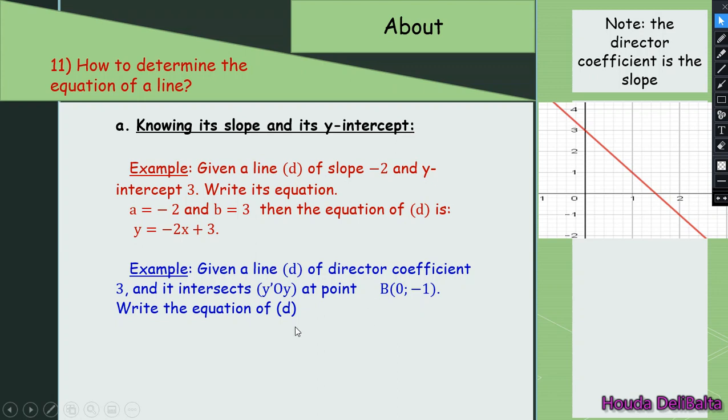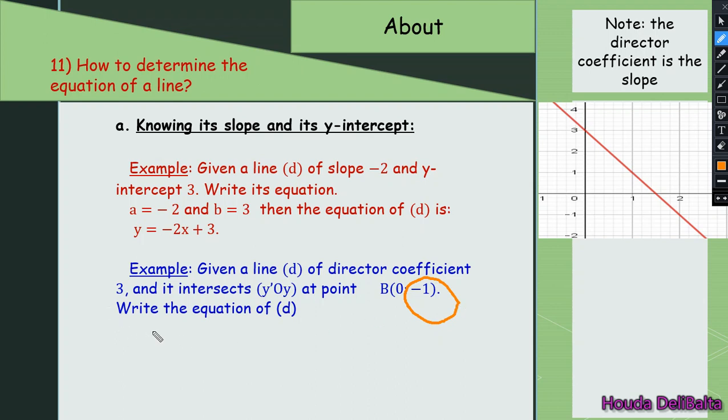That's to say that the slope of this line, which is the director coefficient, is 3, and the y-intercept of this line is, who can guess? What's the y-intercept? It intersects the y-axis at the point B (0, -1). Then definitely the y-intercept is -1.